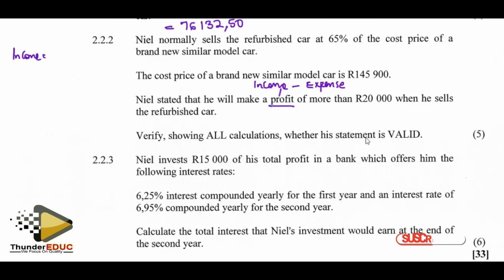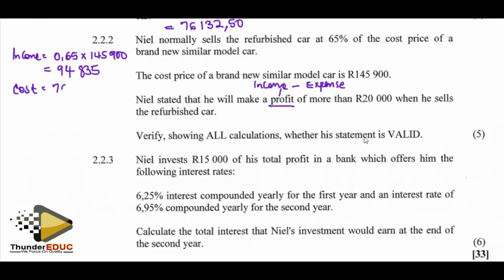So income will equal 65% times 100. So the income here is 94,835.